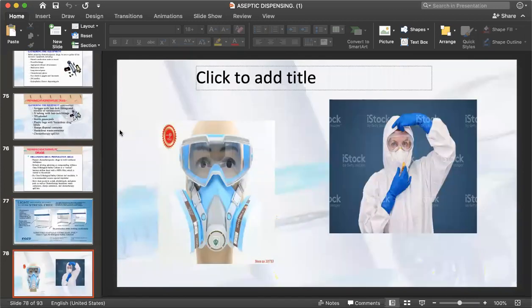You will see that these are the respirators for doing that work. The person who is going to reconstitute, a pharmacist or technician, has to wear such respirators and such dresses. Without that, it is harmful for the person reconstituting the chemotherapeutic drugs.